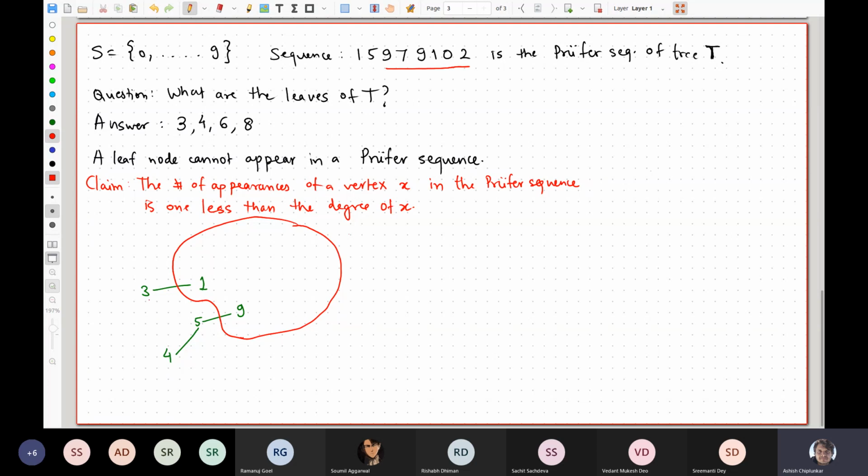Its vertex set is everything except 3, 4, 5, which means its vertex set is 0, 1, 2, 6, 7, 8, 9, and its prefer sequence is 7 9 1 0 2. Sachit, one more step. If that's clear to you, what next?